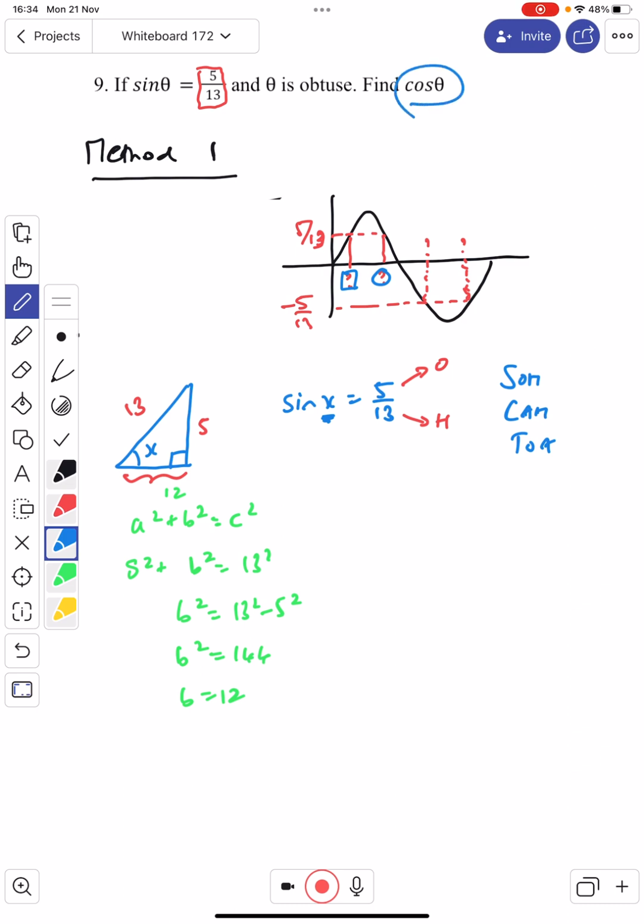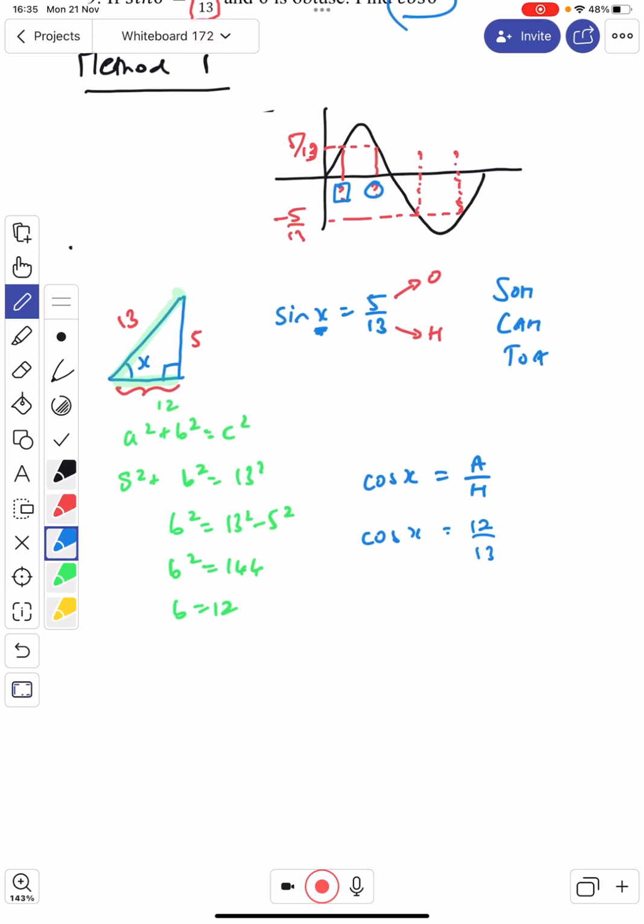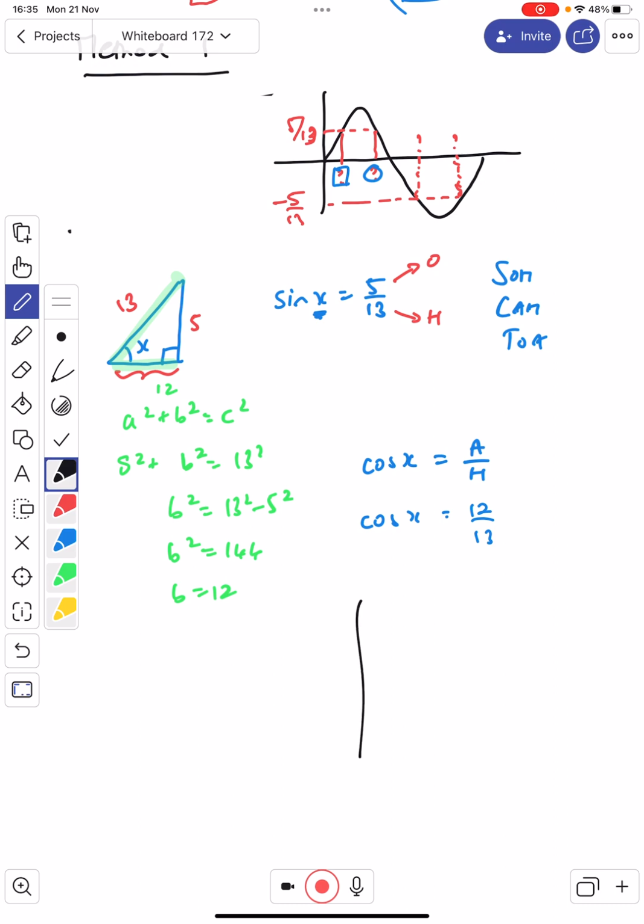Okay, now we can use our right angle triangle to work out what cos x is. We need cos theta eventually, but we're going to start with cos x. So cos x is equal, using SOHCAHTOA, to adjacent over hypotenuse. The adjacent side is this side here, the hypotenuse is that side there, so that is 12 over 13. Now, if we go then to the graph, the graph of cos of x looks like that.